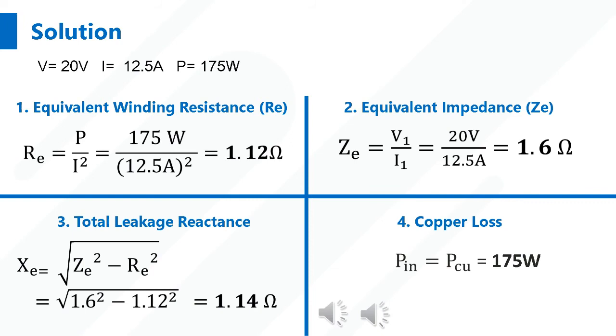So, yung nakuha nating ZE is equal to 1.6 ohms. So, square natin yon minus yung nakuha nating RE, which is 1.12 squared. So, ang total nito ay 1.14 ohms. So, last is the copper loss. Power input is equal to the copper loss. So, yung given ng wattmeter natin is 175 watts.